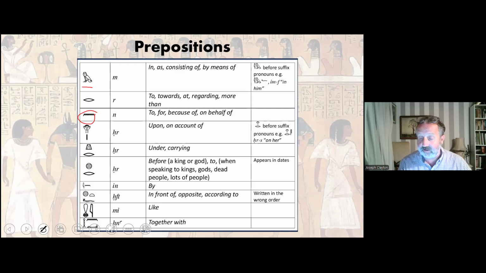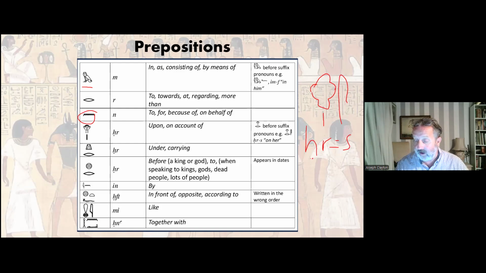And this is the thing as well: spot where it makes sure that it definitely doesn't mean face. See the difference: if you had hr s meaning her face, you would have hr, your face sign there, a stroke, and then s. So that would just be hr equals s, and you would know that that meant her face.